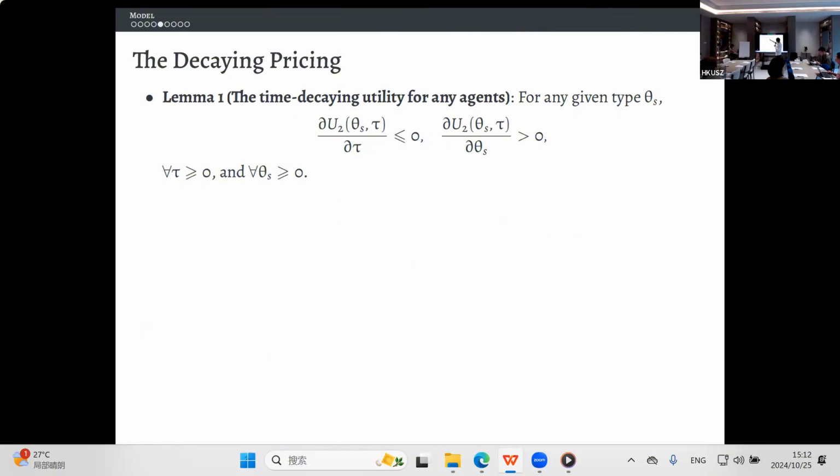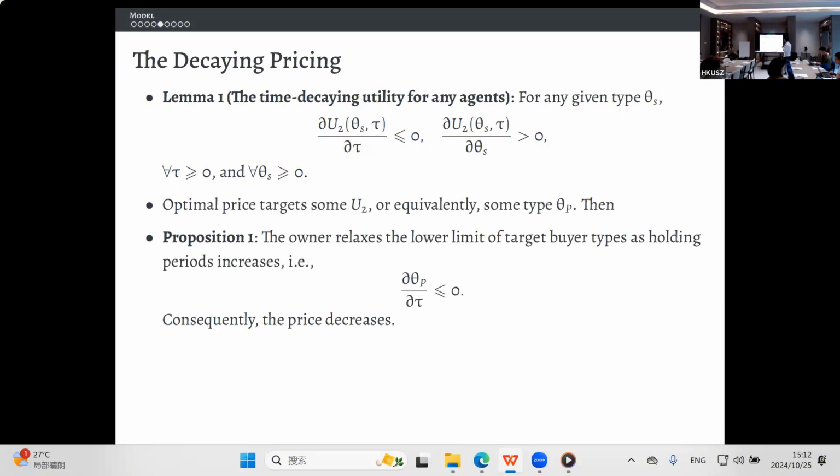Our first lemma is basically to show that the utility gradually decays over time, as the expected future utility becomes lower and lower. In short, I get bored and start to get lower and lower utility from holding the NFT forever. And then the first proposition is actually our main proposition.